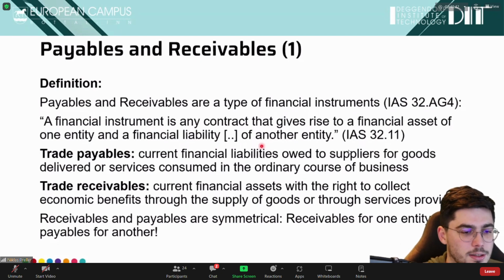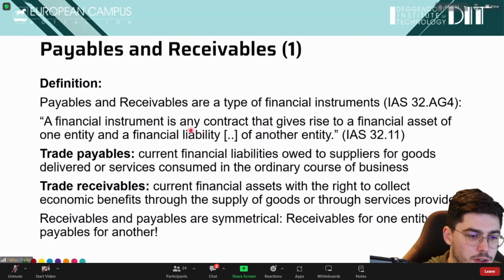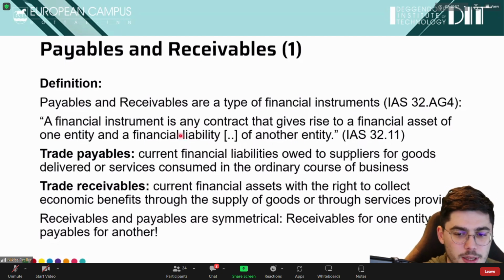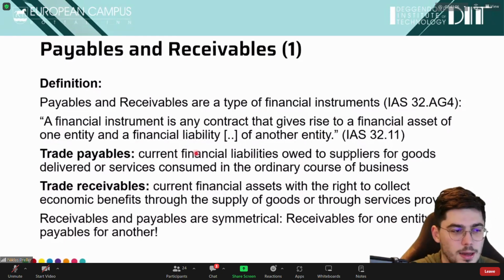So payables, something we have to pay, receivables, something we will receive. In the context of the IFRS, those two are financial instruments. But don't be afraid, we won't get into the financial instruments right now. Trade payables are current financial liabilities.